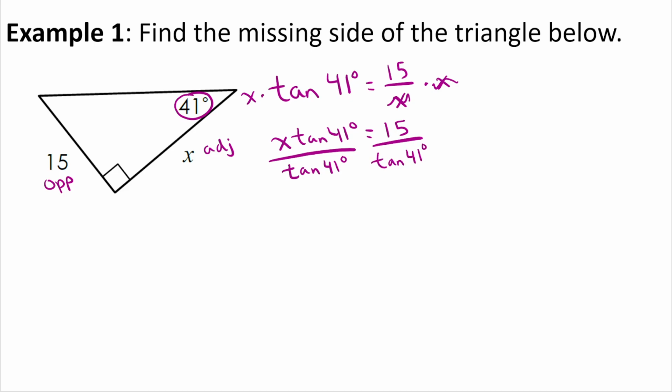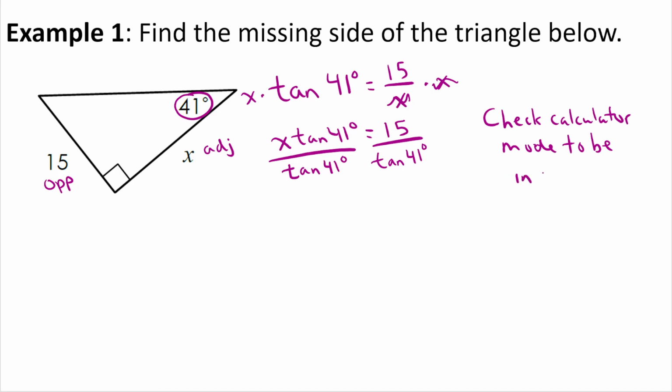Now, if you're going to use a calculator, and obviously you need one, make sure you check your calculator's mode, because you need to make sure your mode is in degrees.